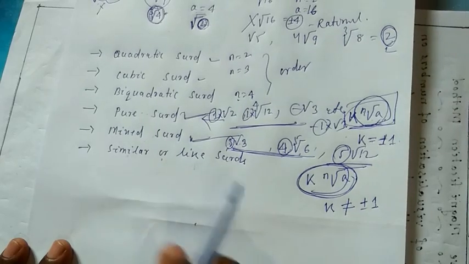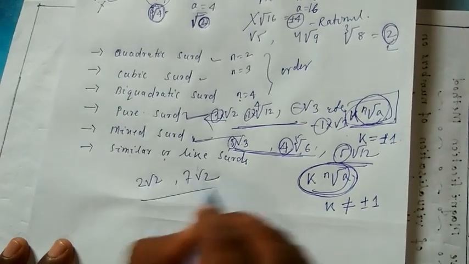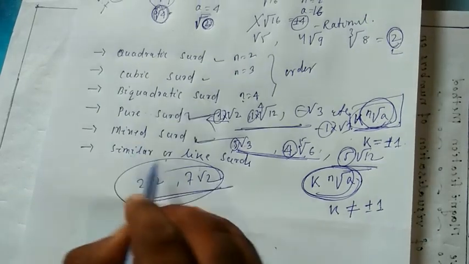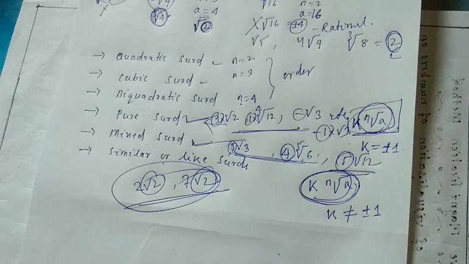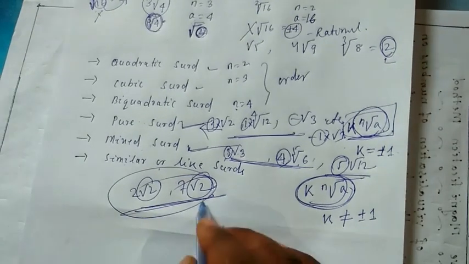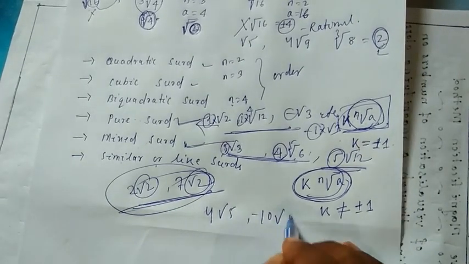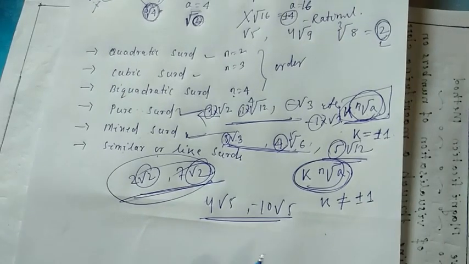For example, 2 root 2 and 7 root 2 are similar surds or like surds, because the irrational factor is 2 in both. The surds having the same irrational factors are called like surds. These two are like surds. You can say 4th root of 5 and minus 10th root of 5 is also an example of like surds. Understood?